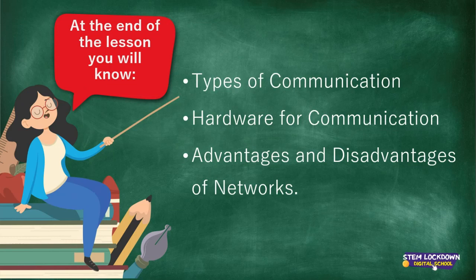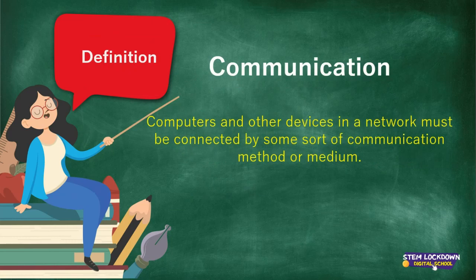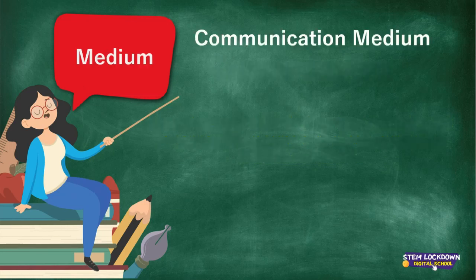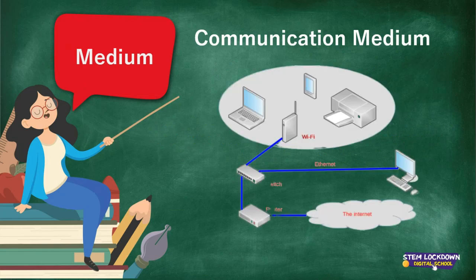All right. So what is communication in a network? Computers and other devices in a network must be connected by some sort of communication method or medium, right? In the example I gave you of that experiment, we said the copper wire is actually the communication medium. All right. So here is an example of a network, right?